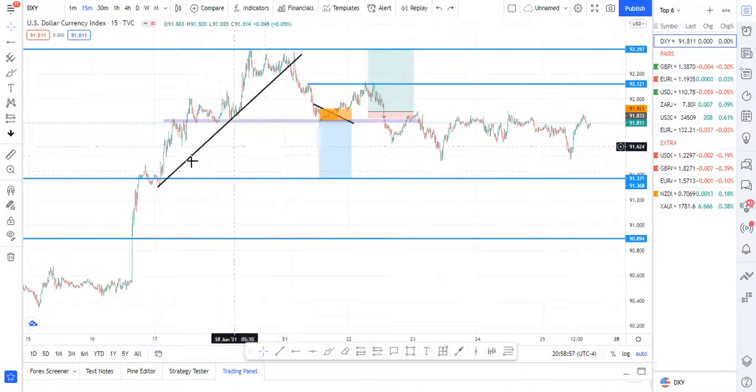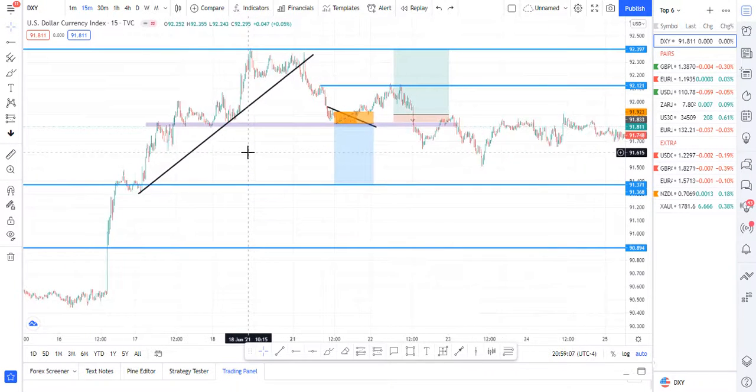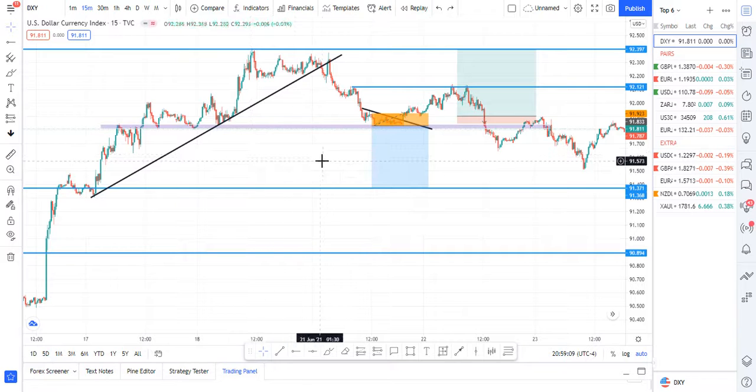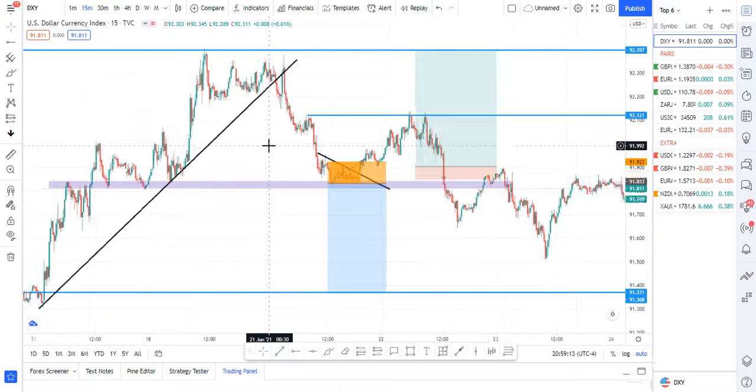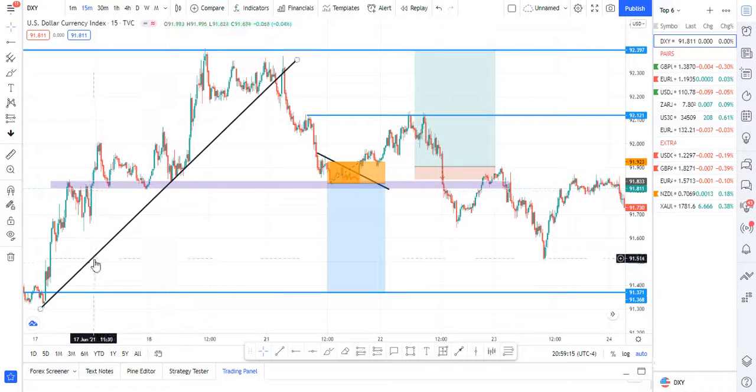I knew this structure just had to be filled 90%, just 90%, guys, not the whole thing. It's not always a guarantee, but because I learned this at Falcon Academy, I was expecting it to fill up 90%.